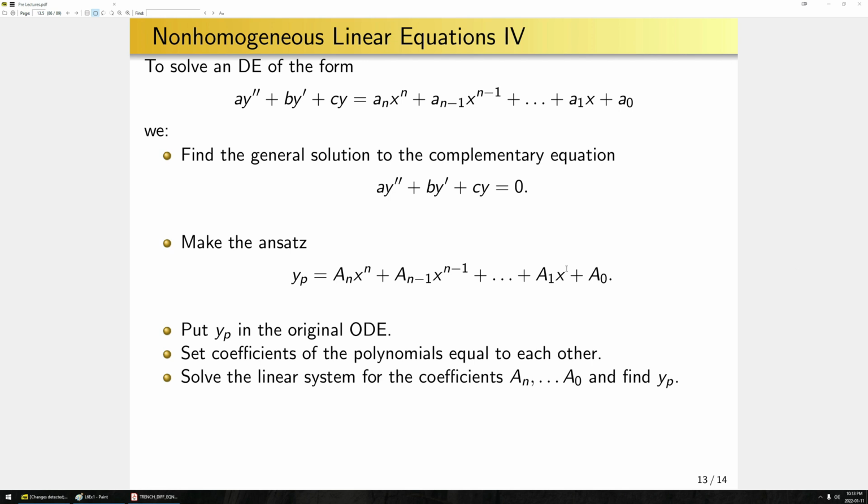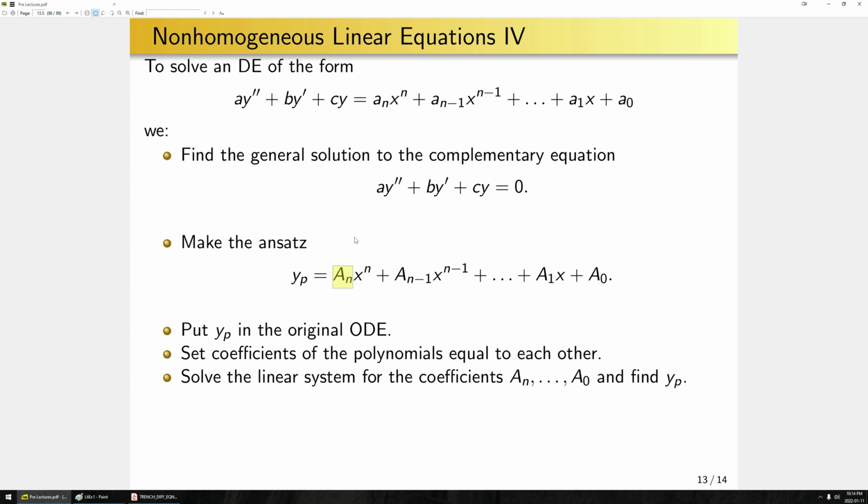So, a note of convenience here, so to speak. Notice that these other terms here are higher derivatives of y, right? So the only term that will have an x to the n power will simply be this term, c A n x to the n. So when you go to solve these, you don't need to set up the matrix system.